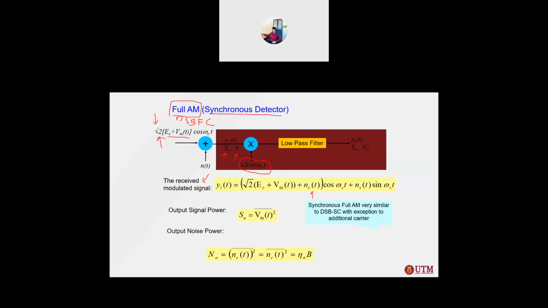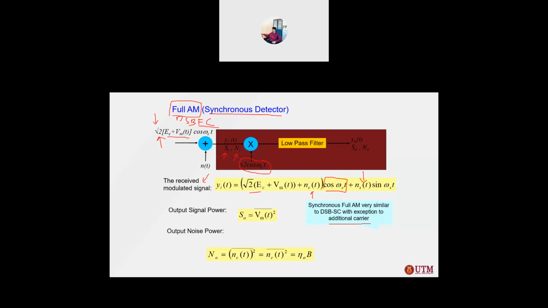We have the noise together with the cos omega ct. So the modulated signal is received with the addition of noise, and this one is the noise due to the filter. Synchronous full AM is very similar to double sideband suppressed carrier, with the exception of the additional carrier. Of course, because this is full AM, we have carrier components.